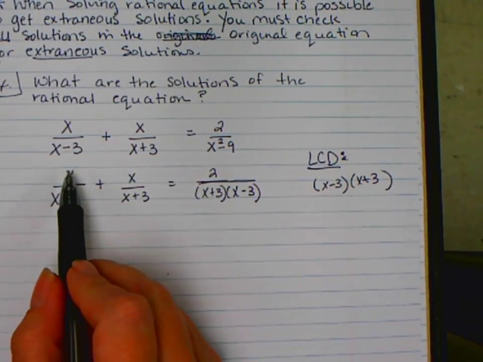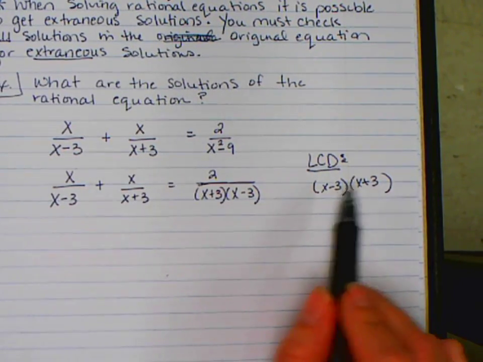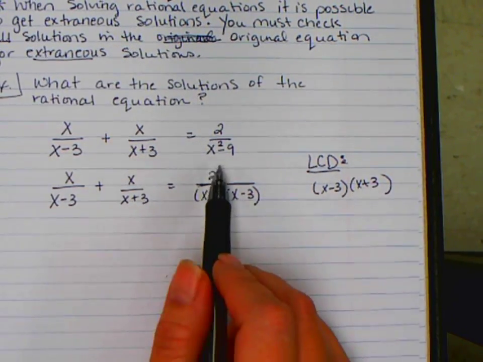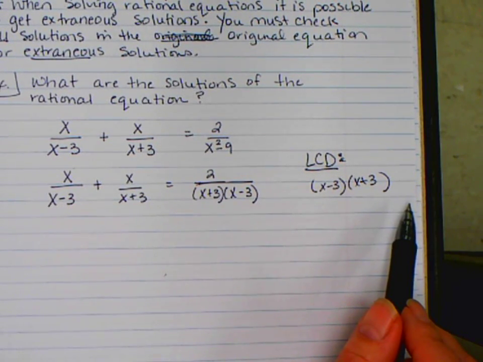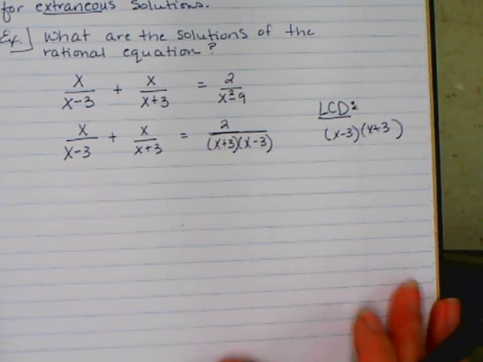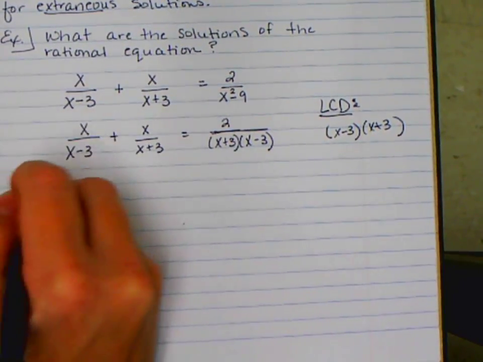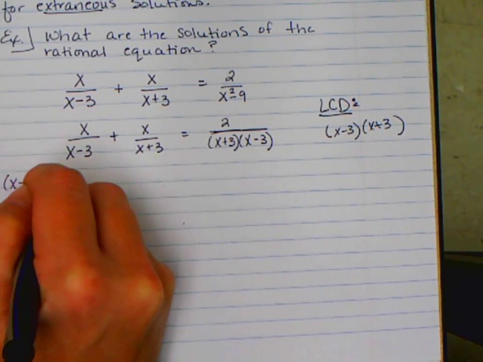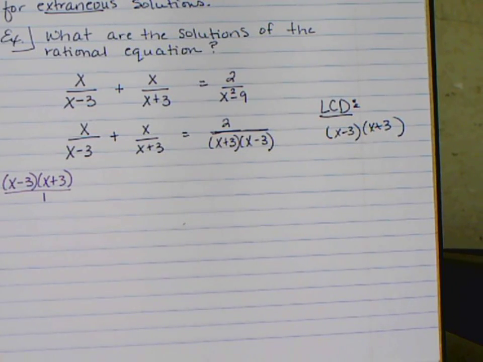Okay, so I'm going to multiply this fraction by x minus 3 times x plus 3. I'm going to multiply this fraction by x minus 3 times x plus 3. I'm going to multiply this fraction by x minus 3 times x plus 3. Okay? It's really not that much work. Writing it is the most work. So I'm going to write this first. So I'm going to say x minus 3 times x plus 3. If I wanted to turn that into a fraction, I could put it over a 1, right?